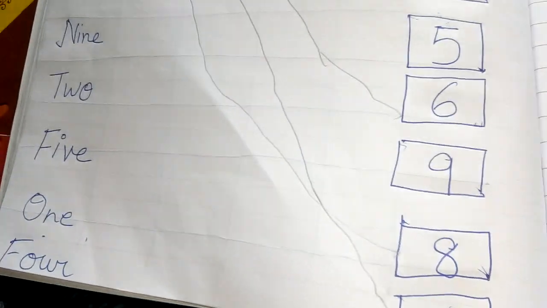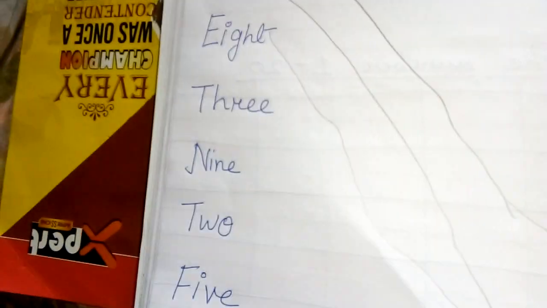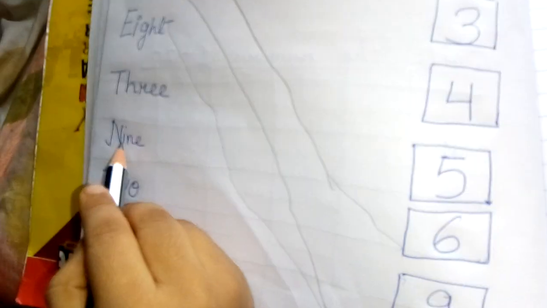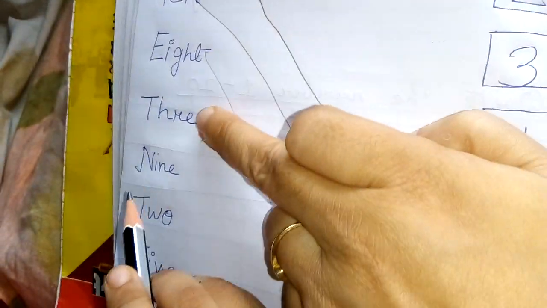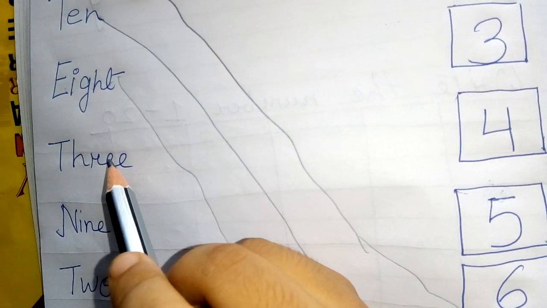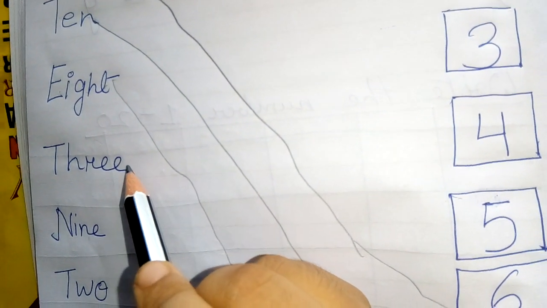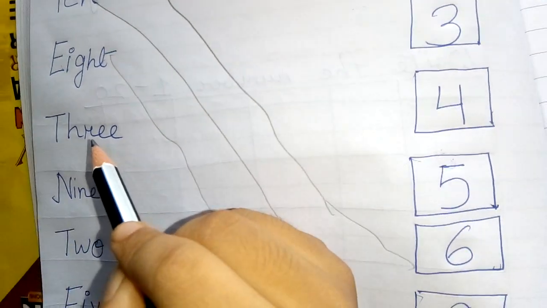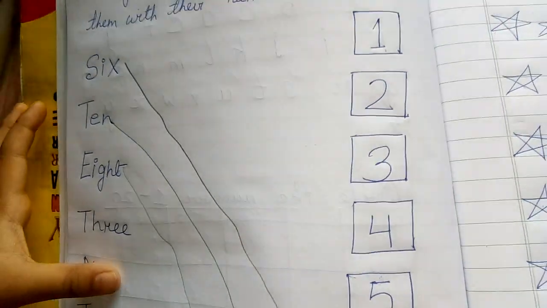Then what is this? T-H-R-E-E. 3. Yes. Where is 3? Three is here.